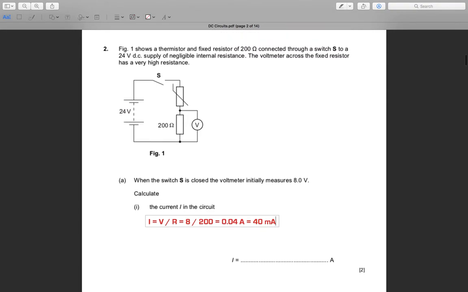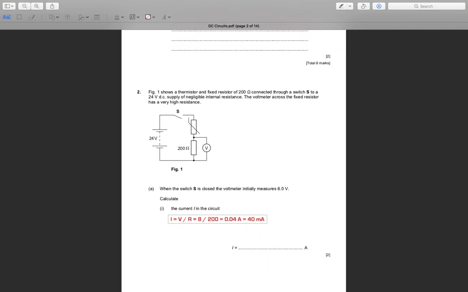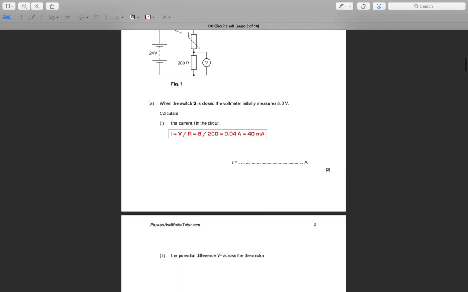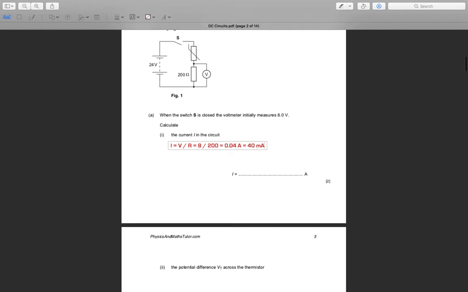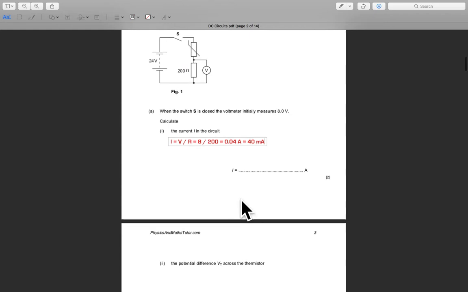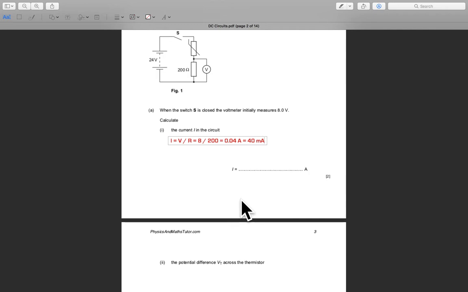Next, calculate the potential difference V1 across the thermistor. This is what we call a potential divider. We have 24 here and we have 8 here.